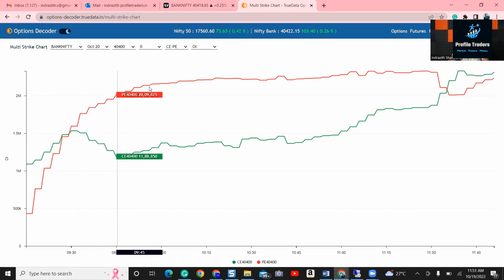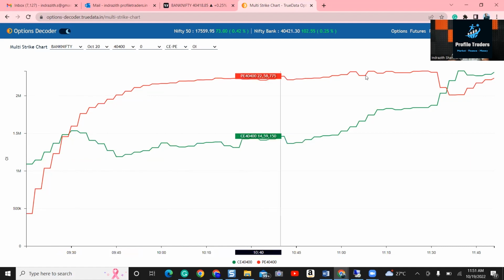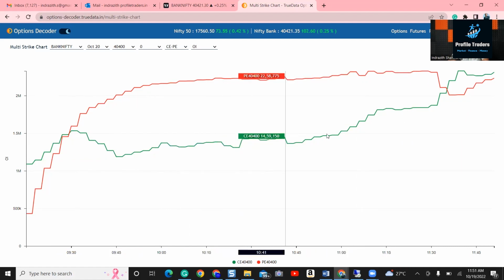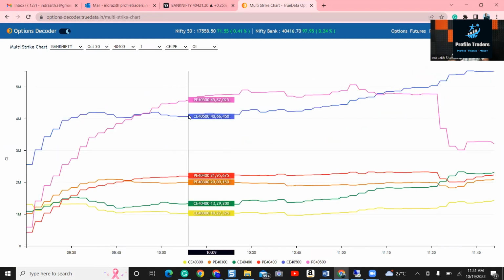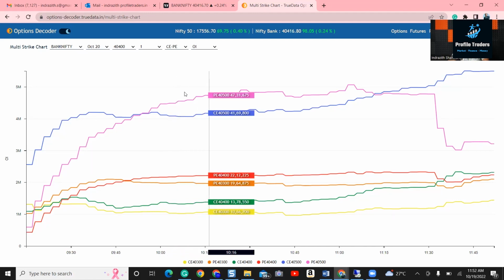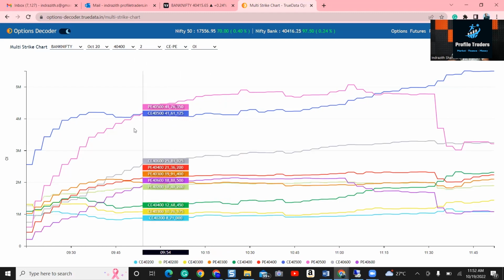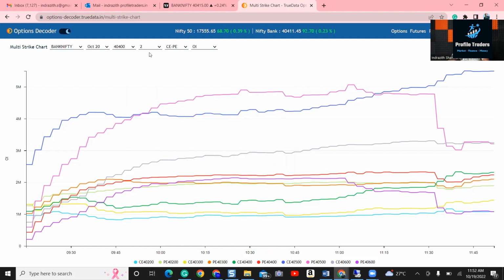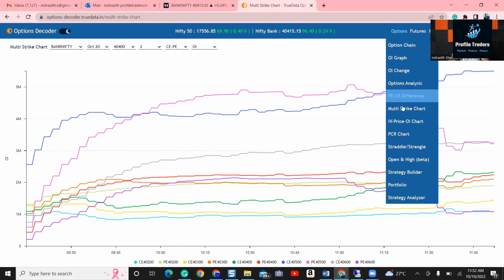So this is put option information 40,400. This is call option 40,400. If I select 1, you can see 40,500 CE and PE is also added, and 40,300 CE and PE also added. So if you select 2, it provides 2 more legs on the upside, 2 more legs on the downside. So this is how the multi-strike chart works.